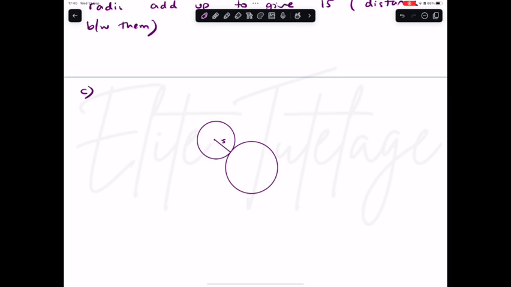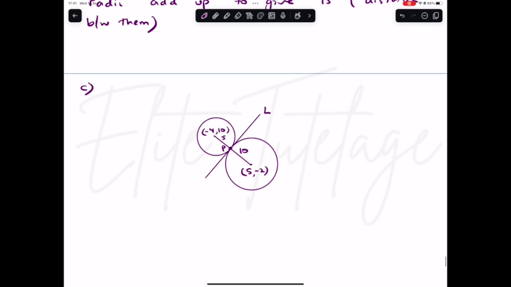Let's go ahead and just jot out some numbers. So the other one has radius 10, and the center is (5, -2). So the tangent is L, and we have got a common point P. I'm going to say P is (x, y).